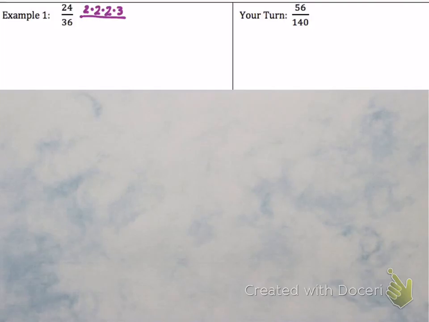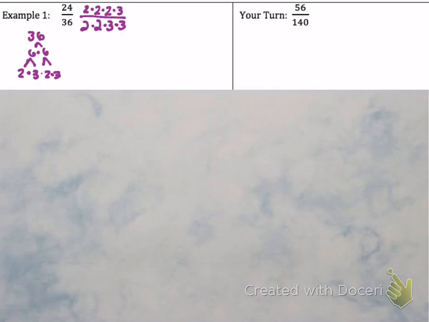And then 36, and if you can't do that in your head, that's totally fine. You can, off to the side, do your prime factorization. I know 36 is 6 times 6, so that's 2 times 3 times 2 times 3. And so 36 is 2 times 2 times 3 times 3.